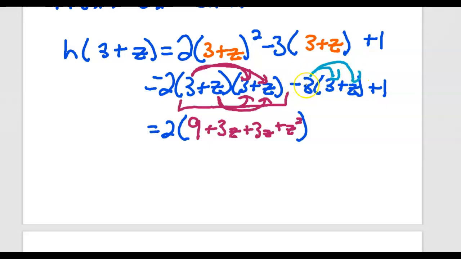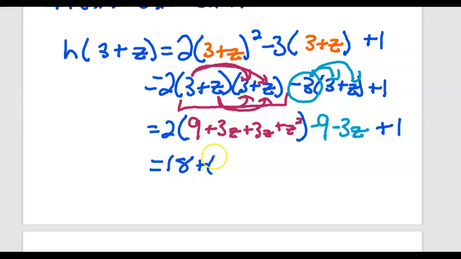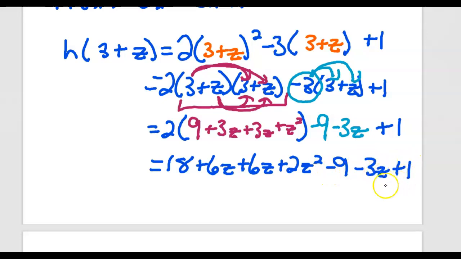Make sure you take this sign with you, and so I get negative 9 minus a 3z, and then I still have that plus 1 out there. So I'm going to distribute my 2 in here. So 2 times 9 is 18, 2 times 3z is 6z, 2 times 3z is another 6z, 2 times z squared is a 2z squared, minus 9 minus 3z plus 1.